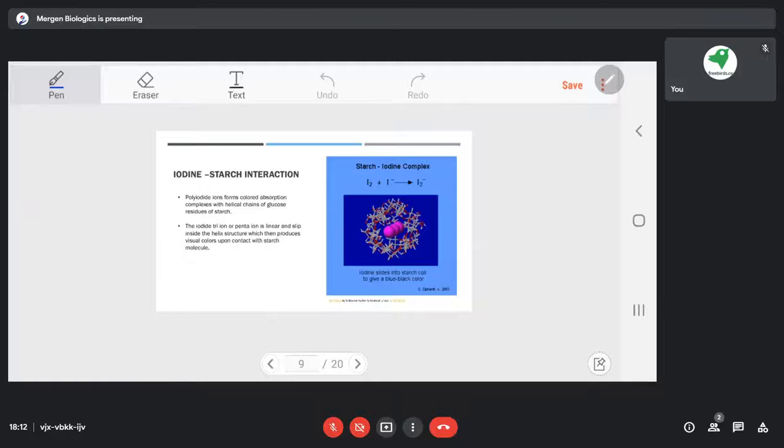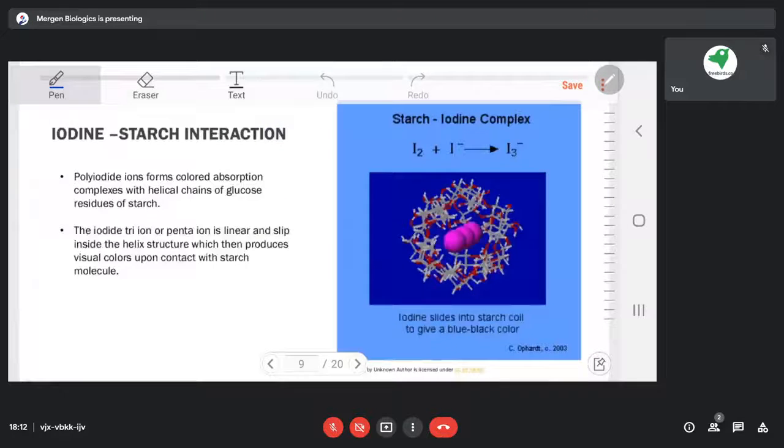The blue color is because, if you see in this picture, you have seen all this helical structure of our starch. It may be amylose or maybe amylopectin. Now these three molecules, this is the triiodide ion. We call it an ion because we have three elemental iodine in it.